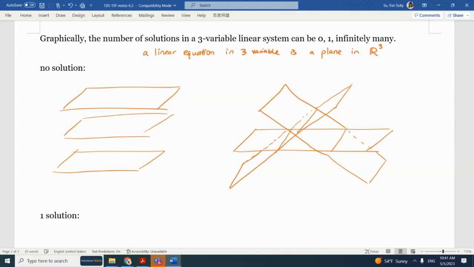Can you imagine? You have 3 planes. So these 2 planes intersect at this line, these two planes intersect at this line, and these two planes intersect at this line. But they don't have common intersections. The two of them intersect each other, but not three of them. Okay, so no solution. How about one solution?